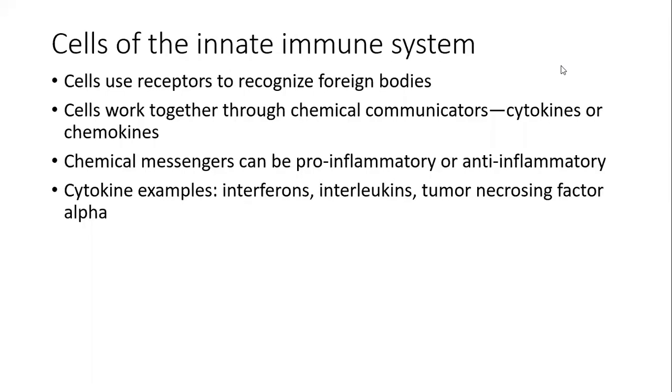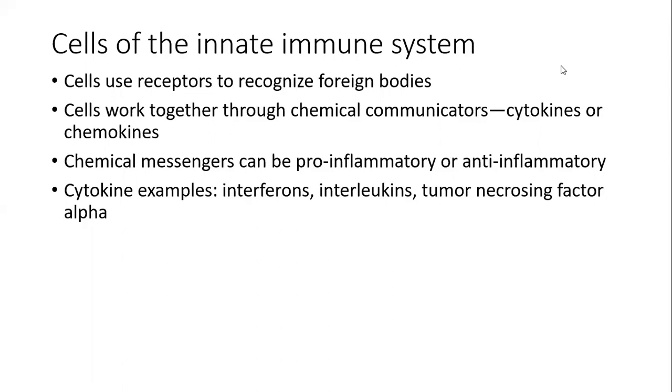So the cells of the innate immune system, some characteristics are they use receptors to recognize foreign bodies. The cells work together through chemical communicators, cytokines or chemokines. The chemical messengers that are out there communicating between these cells can be pro-inflammatory or anti-inflammatory.